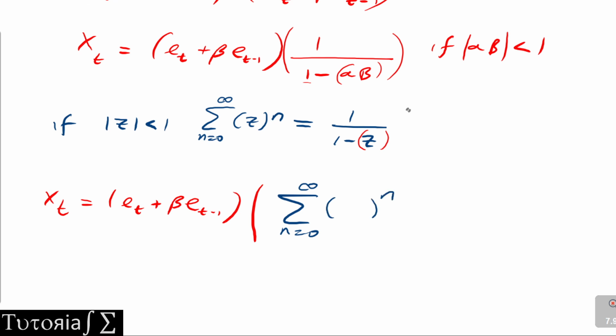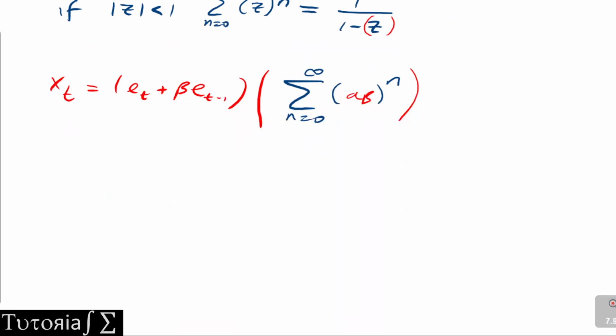Now this part is the z, so we have a backshift here. Then we can distribute that.